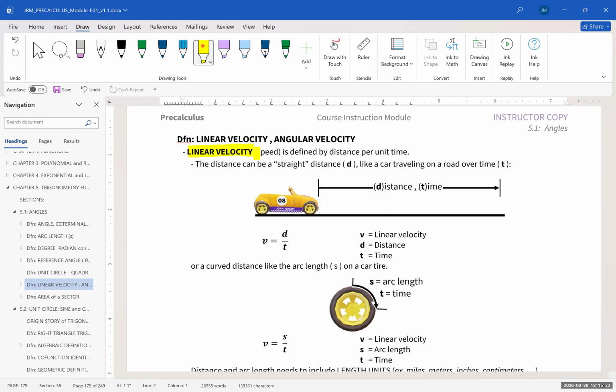Linear velocity we think of in terms of speed, and it's defined by distance per unit time. So if you look at this equation down below, you can see velocity is distance per unit time.